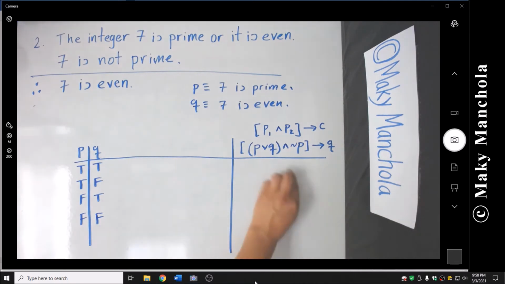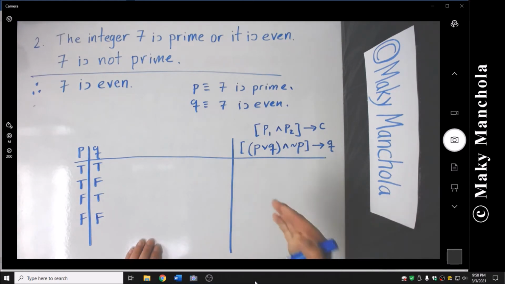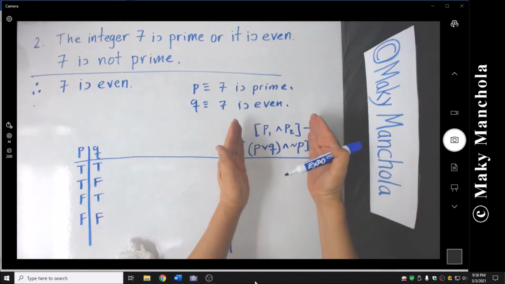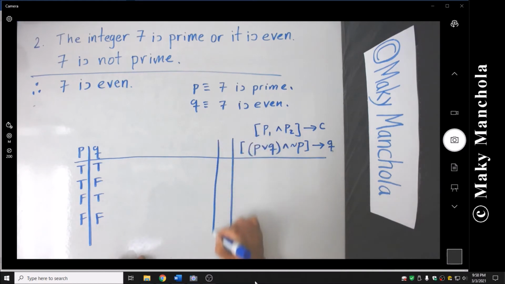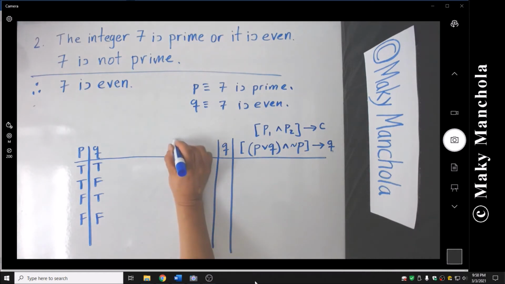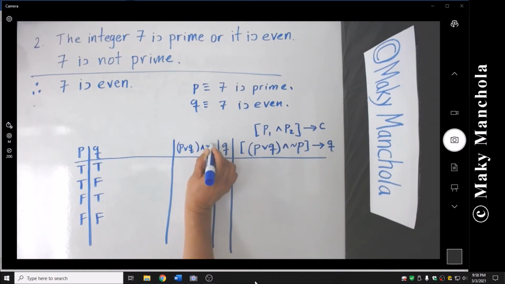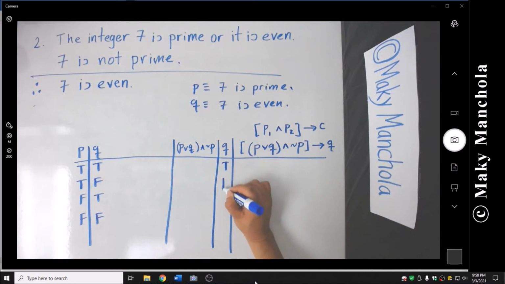In order for us to find out the truth value of the conjunction of premises implies conclusion, we need to know the truth value of the antecedent and the consequent of that conditional. So we need to know the truth value of Q, we need to know the truth value of P or Q, and negation P. Now Q, we can just copy it: true, false, true, false.